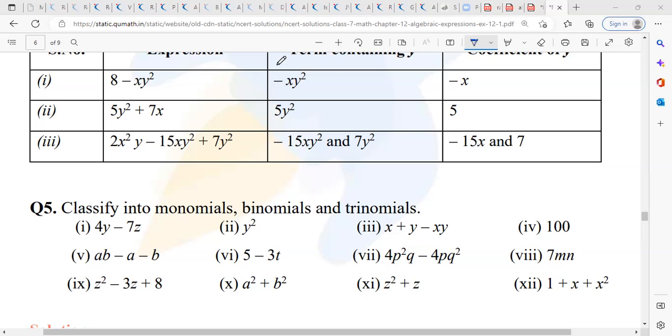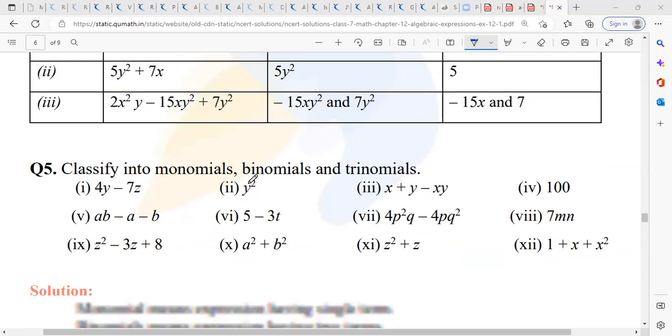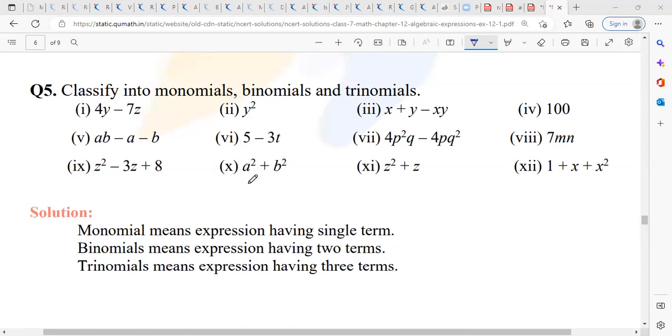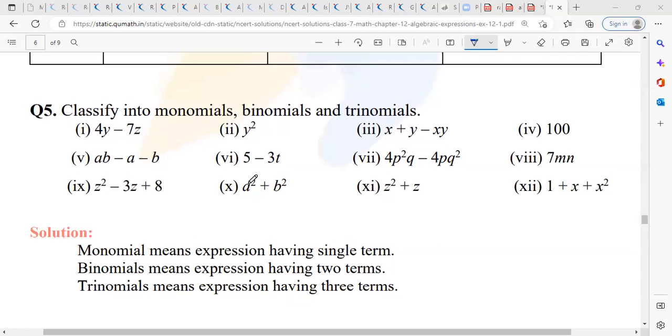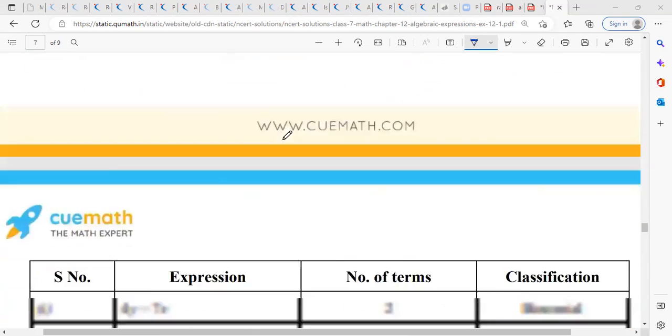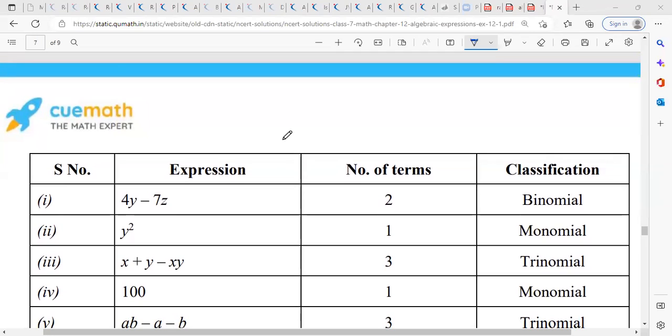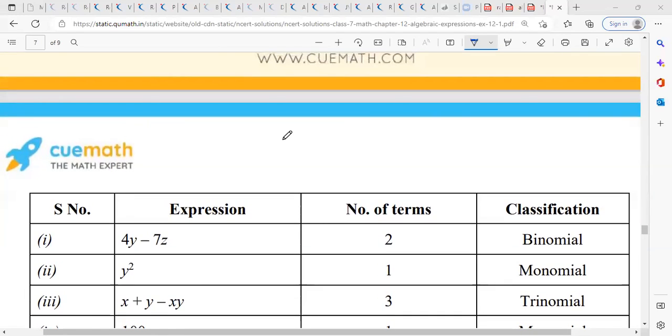Ma'am, done. Okay. So first one is binomial. Second, monomial. Third, trinomial. Fourth, ma'am, I didn't write.